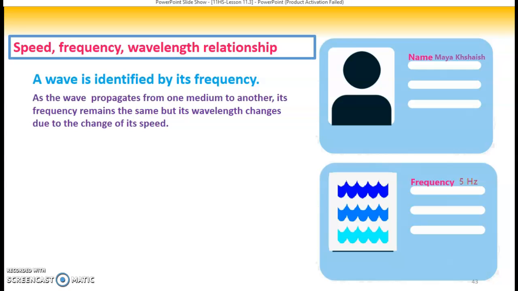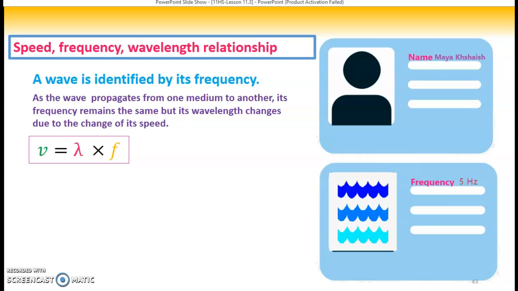Just as we people carry our identity card everywhere we go and are identified by our name, in which this name doesn't change as we go from one place to another, similarly for the wave. As a wave propagates from one medium to another, its frequency remains the same. Its frequency is just like the name for us.